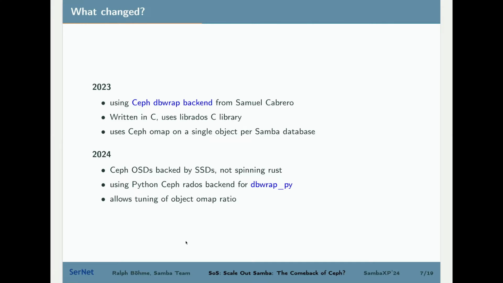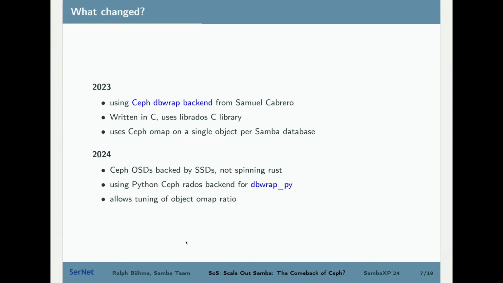That was done by me last year, writing this dbwrap_py backend in C, in order to do rapid prototyping for all the different distributed databases. So this year I quickly sat down and rewrote the C code in Python.